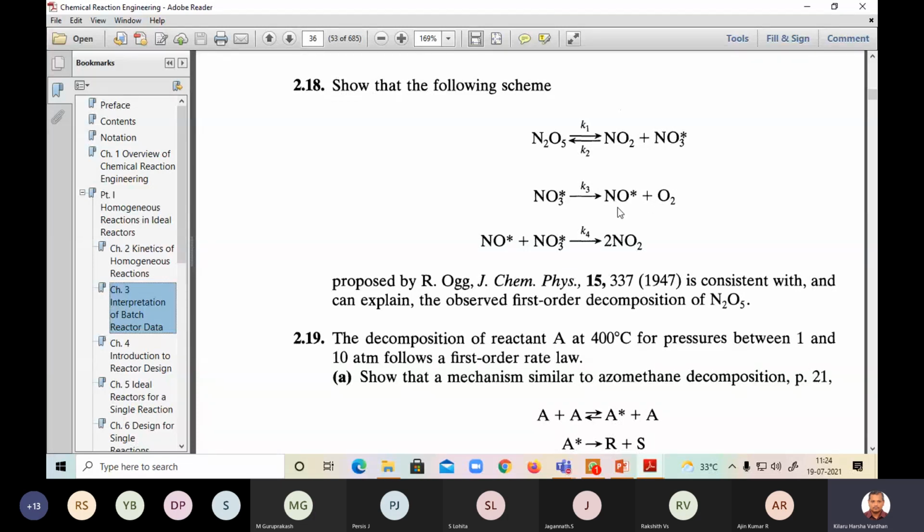Then if you write the appearance and disappearance of the second intermediate, you will get a constant. That constant you substitute in the first intermediate, then you get a constant value for NO3 star, or NO3 star will be in terms of measurables that you can back substitute here to give you the final rate. So 2 times you have to do it.